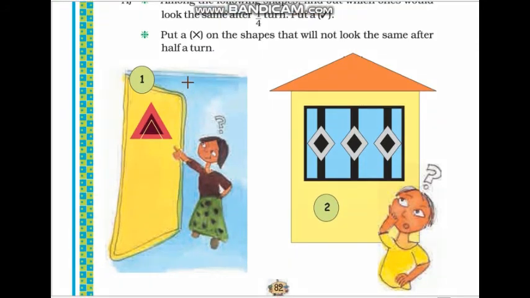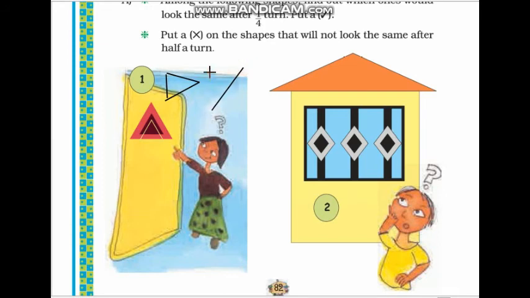So children, here I will write the first answer for 1/4 turn and then the second answer for half turn. So first one, will this triangle look the same on 1/4 turn? No, because it will look like this. See, moving on 90 degree, means from here to here, like this.